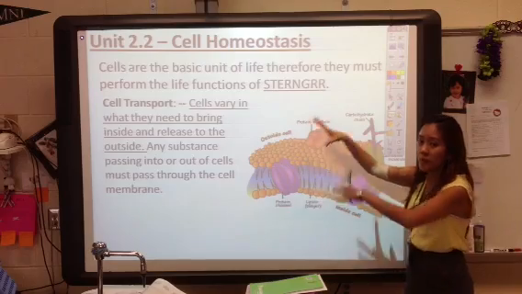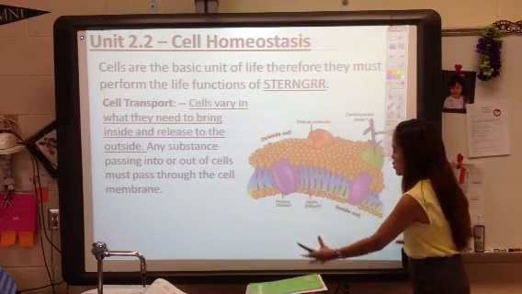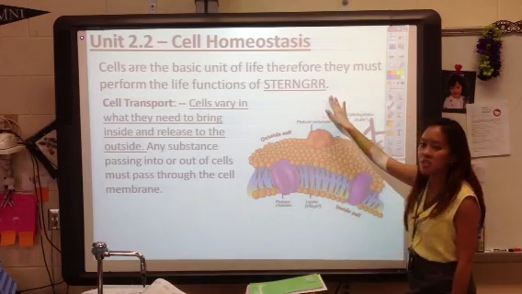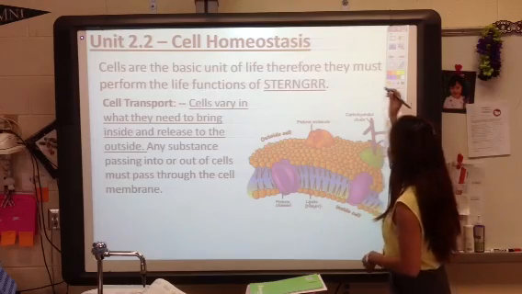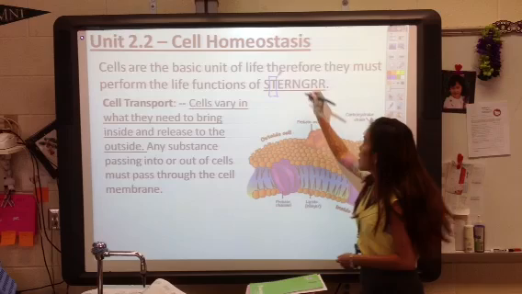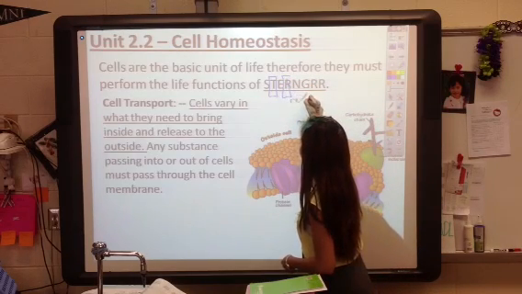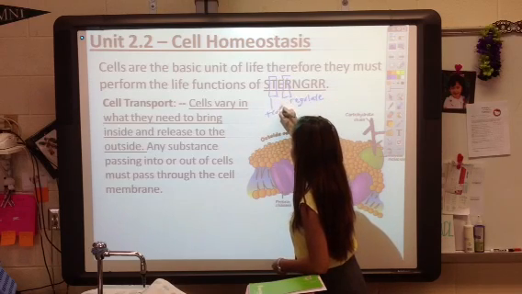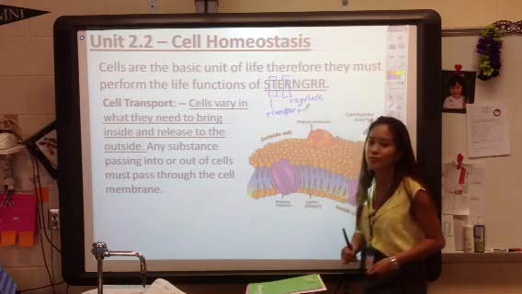All cells are made up of a cell membrane or are enclosed by a cell membrane, and they perform all those functions of STERNGER. But the cell membrane is going to help perform transport, the T, and the R for regulation. Okay? So hopefully we also remember that R means to regulate, and the T stood for transport. And that's what our cell membrane is going to help us to do.